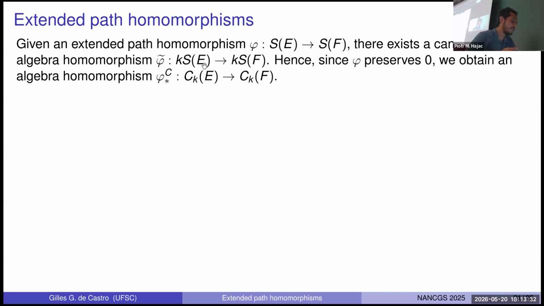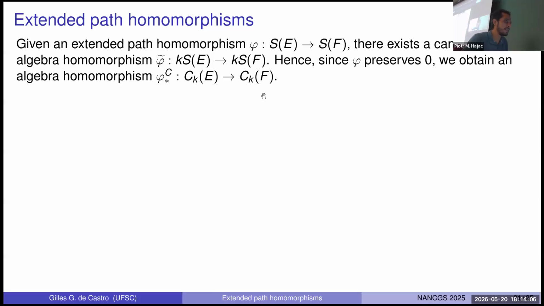If you look at these algebras as star algebras, then this is going to be a star homomorphism. But because the compact algebra is the quotient of these semigroup algebras by the ideal generated by the zero here, as I said, we ask this phi to preserve zero. And because it does, we can just look at the quotients, and then we have this homomorphism between the compact algebras of E and F.